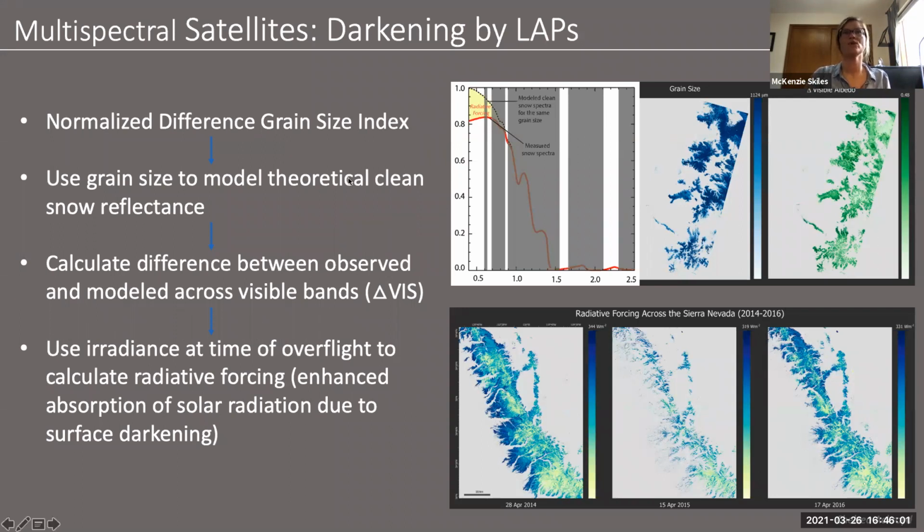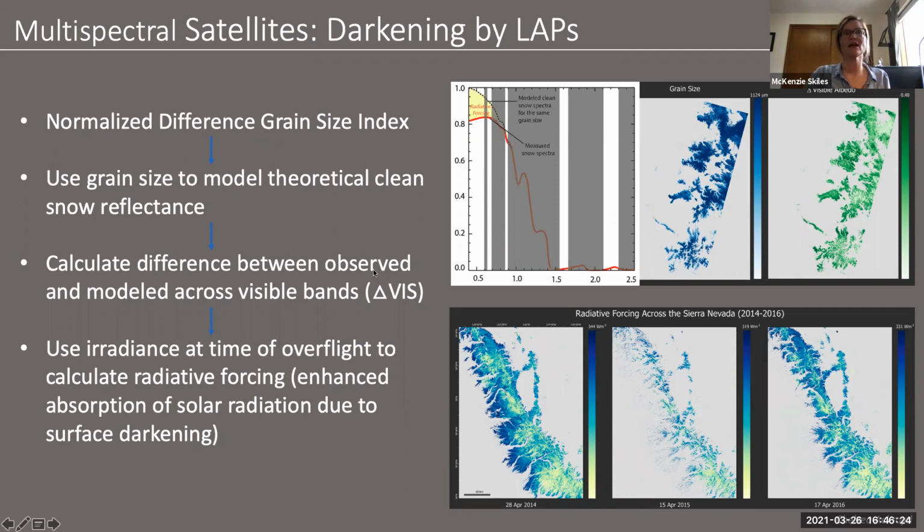And then we would use that grain size to model a theoretical clean snow spectra. So for the same grain size. In this plot, I'm showing it for this dashed line. You can see that they line up here in the near infrared and shortwave infrared. So that's a modeled spectra.